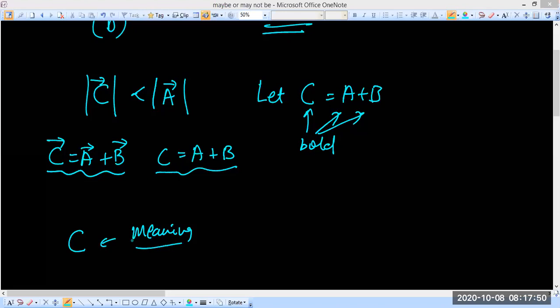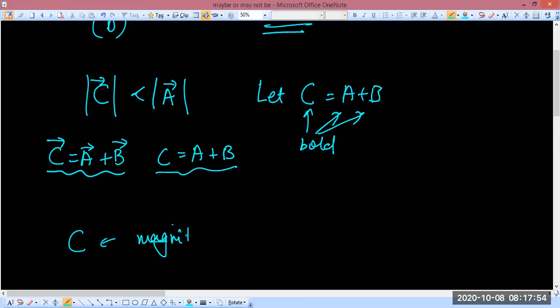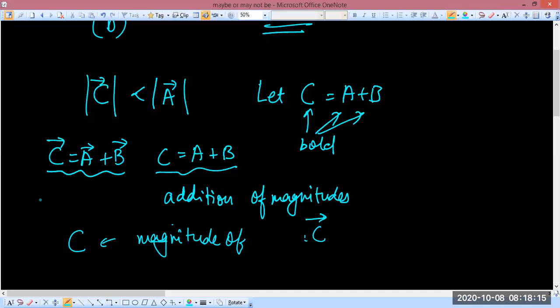This means magnitude of vector C. You can also write it like this. Okay, magnitude of vector C. So this equation is about addition of magnitudes. And this equation is addition of vectors.